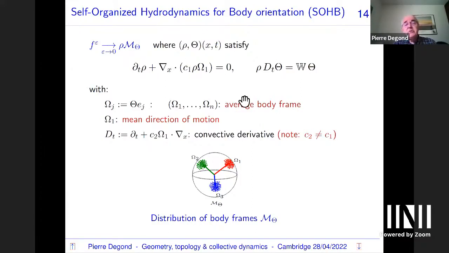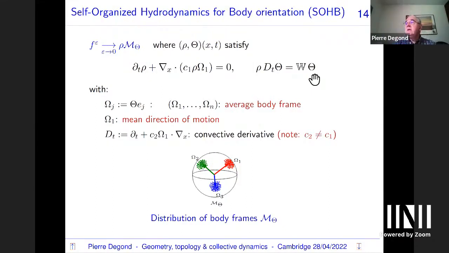So well, this equation says that if you move along with the particles with the speed C2, then the rotation of the body frame evolves according to the time derivative is equal to W theta. So W is an anti-symmetric matrix. So this equation is no surprise. It's actually reminiscent of rigid body dynamics.